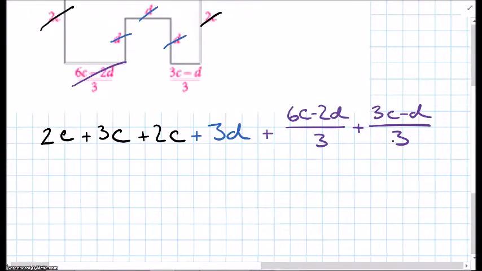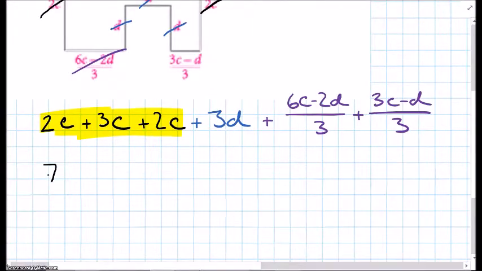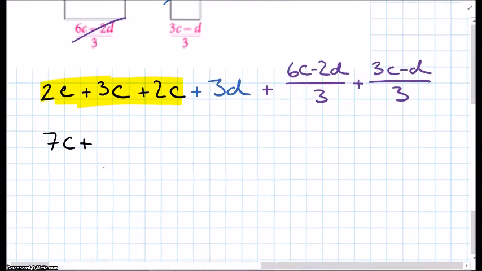Okay. Well, let's start on the left and kind of compare like terms. Let's sum like terms. There's a bunch of like terms. So 2C plus 3C plus 2C, that'd be 5, 6, 7C. So let's rewrite that as 7C plus 3D.